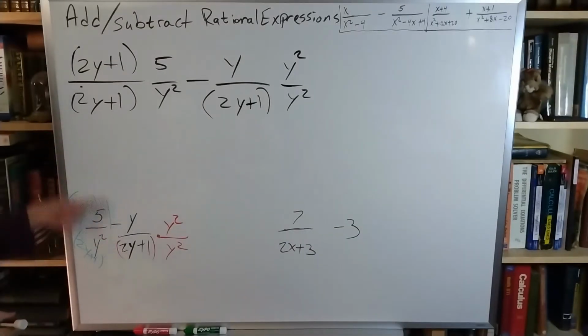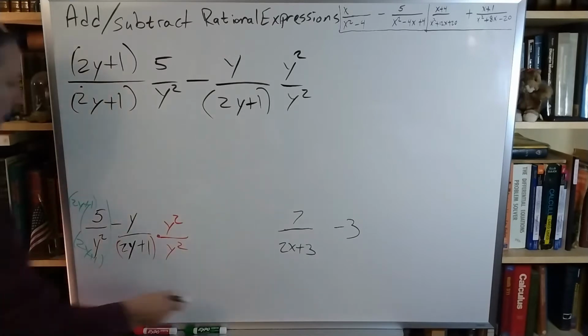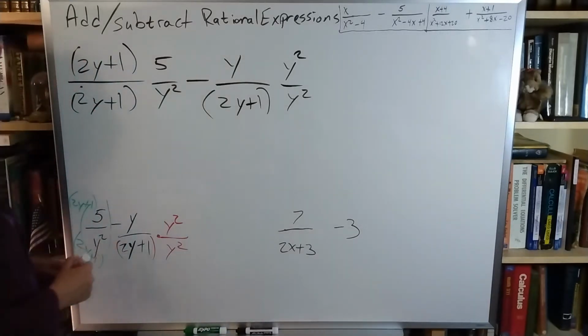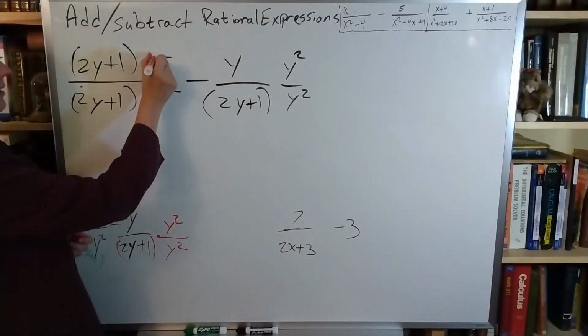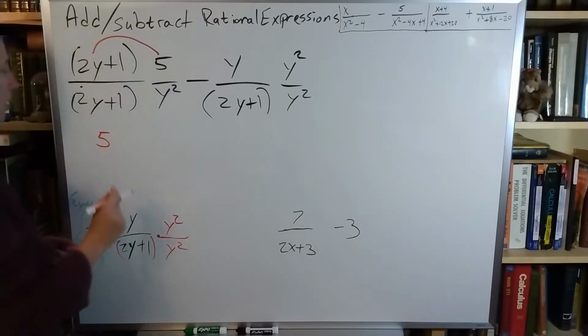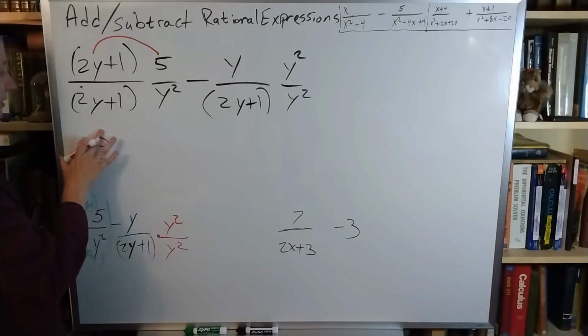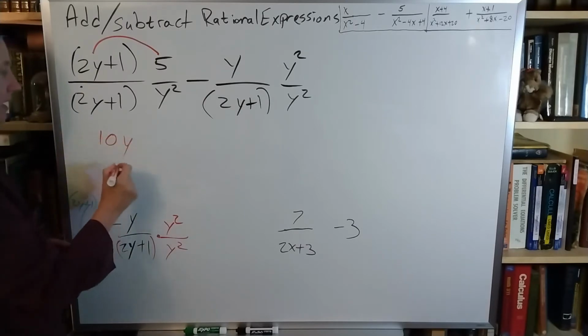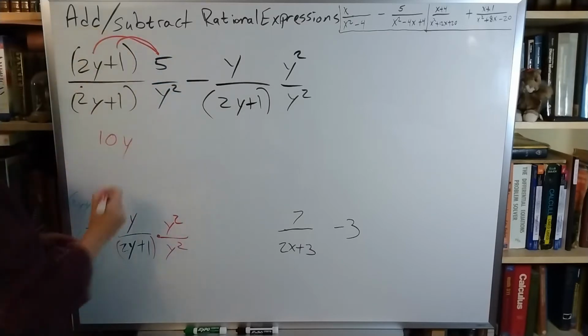So that's what this one is. So now I need to distribute. Take the 5 times the 2y. I'll just multiply that instead of writing it down. That gives me 10y.